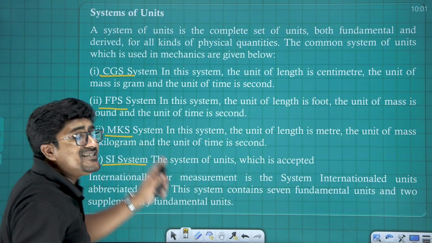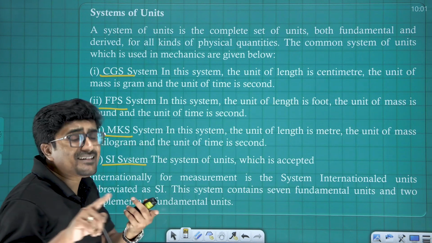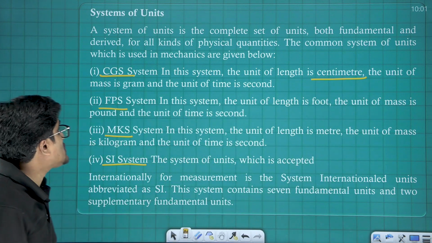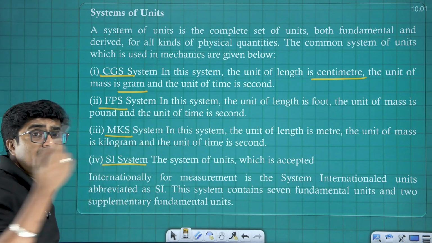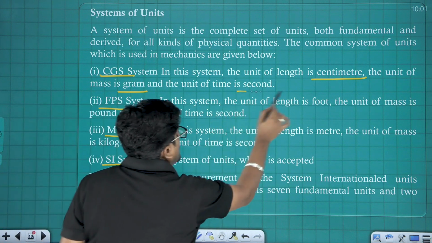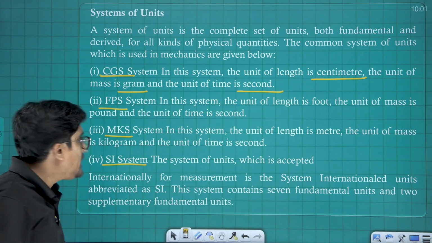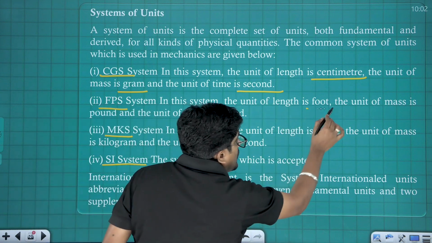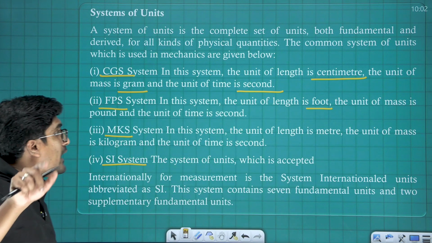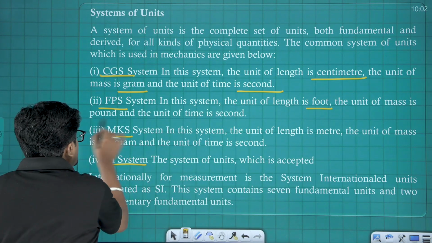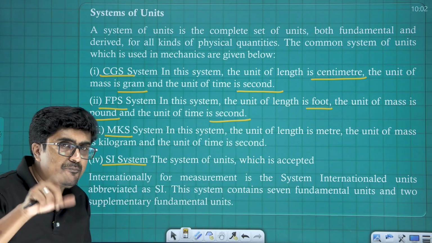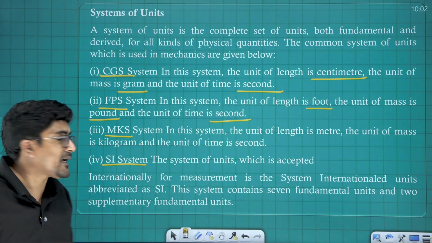In the CGS system, length was represented in centimeter, mass was measured in gram and time was measured in second. Another one is the FPS system. There the length was measured in foot, mass in pound and time in second. That is FPS system, foot, pound, second.